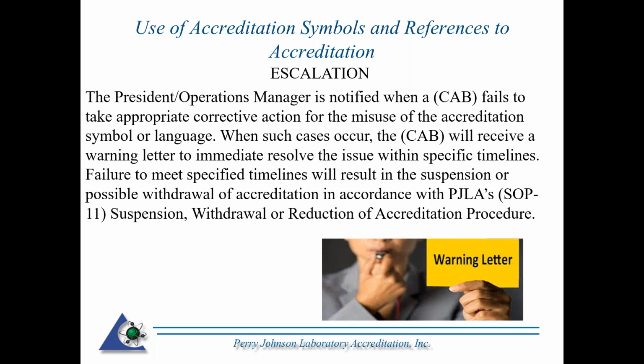When such cases occur, the CAB will receive a warning letter to immediately resolve the issue within specified timelines. Failure to meet specified timelines will result in the suspension or possible withdrawal of accreditation, in regards to our SOP 11, which happens to be suspension, withdrawal, or reduction of accreditation procedures.